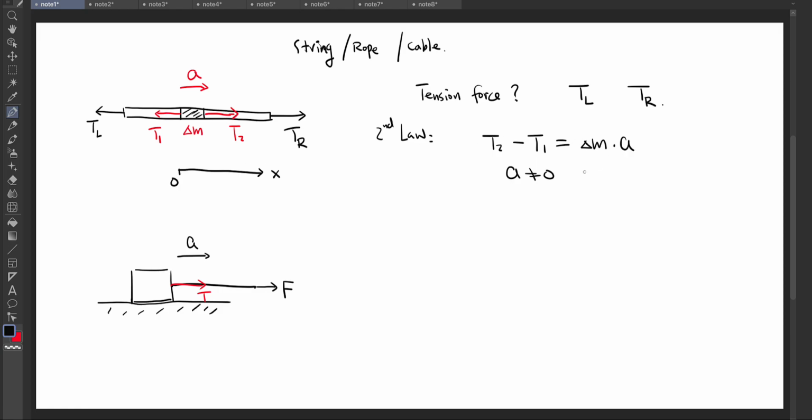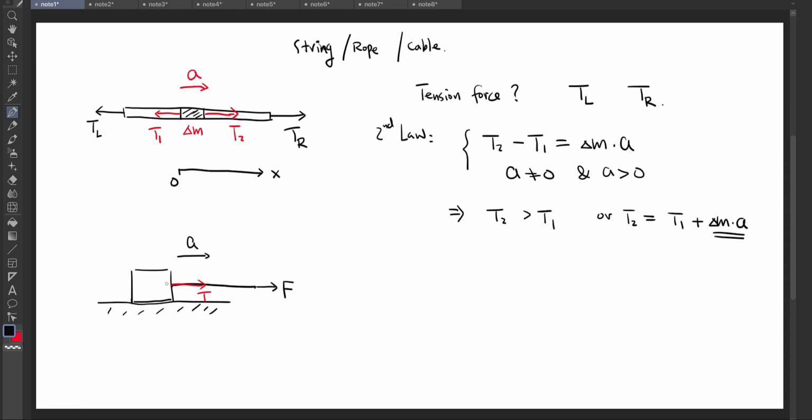So A should be positive. According to this, I can safely say T2 is greater than T1, and the amount of the difference is delta M times A. Or you can say T2 is greater than T1 by delta M times A.